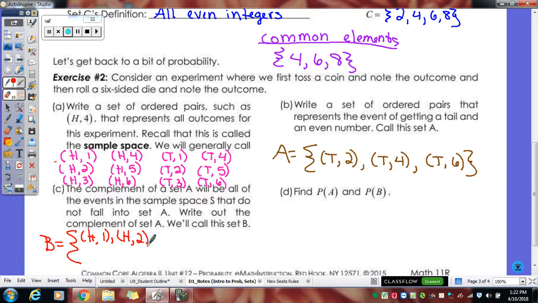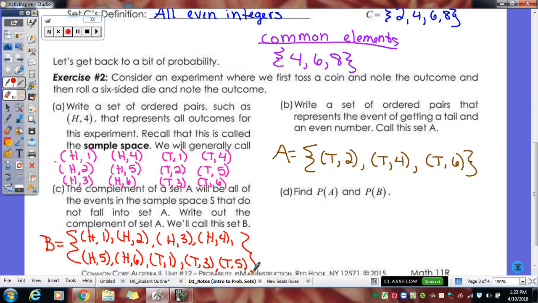So heads 1, heads 2, heads 3, heads 4, heads 5, heads 6, and then which one from tails did we not use? Tails 1, 3, 5. Tails 1, tails 3, tails 5. So that is our complement. Again, that was everything that was not used for set A.